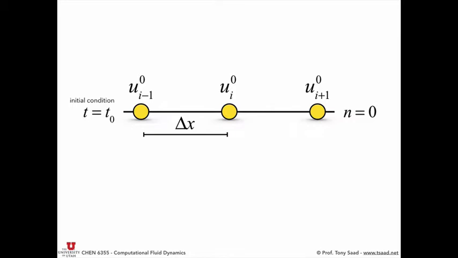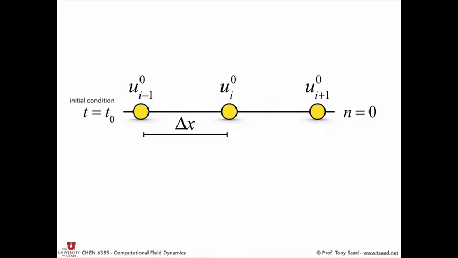I'm going to take this 1D problem, this 1D grid. This is a snapshot of it. And I'm going to assign this initial condition an index n equals 0, time t equal t0 or 0, for all practical purposes. And I'm going to add a superscript, an additional index for my variables, that is going to correspond to the time level.